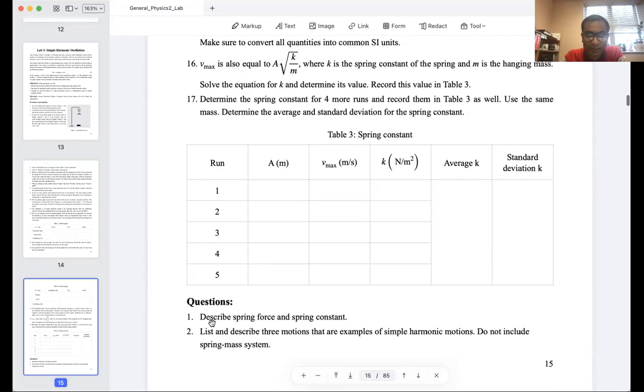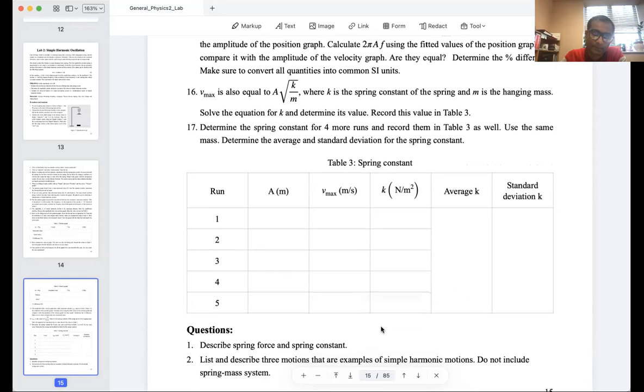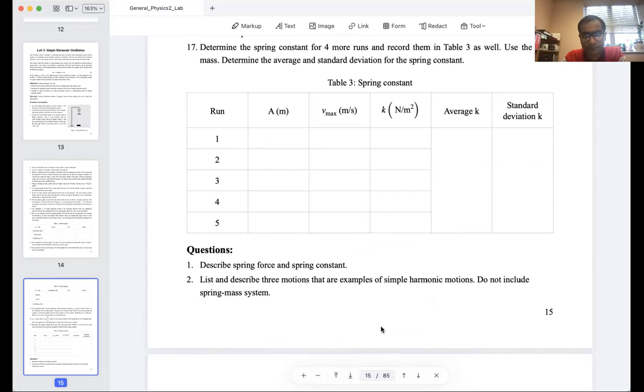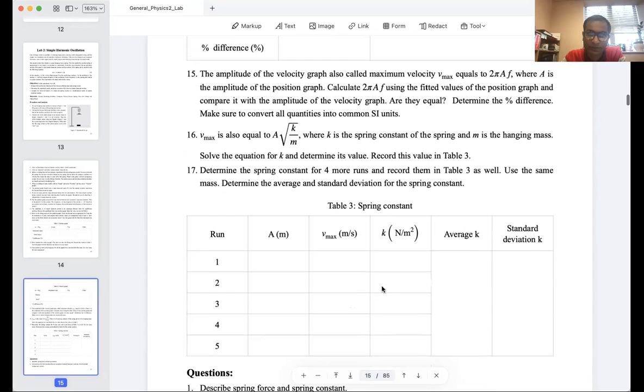Some of the things you already discussed somewhere here in procedure and analysis, but you have to do it again in the conclusion and discussion section. So if there are any other calculations, you have to also add those.